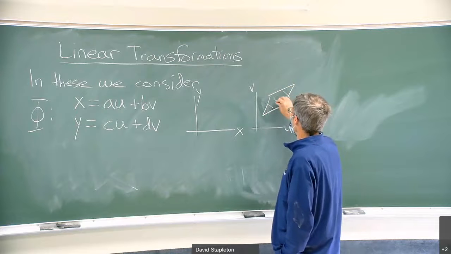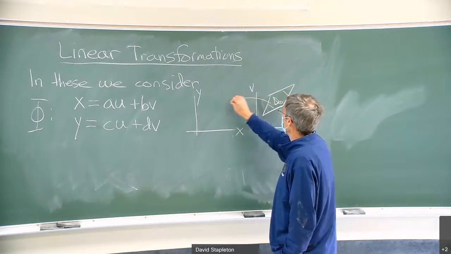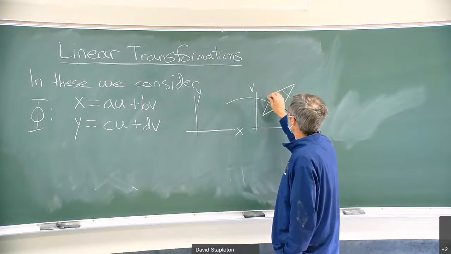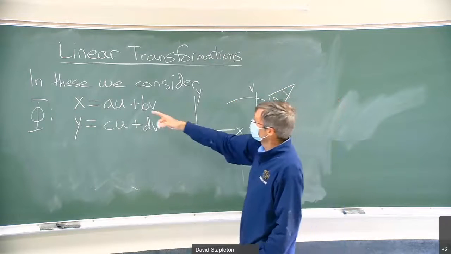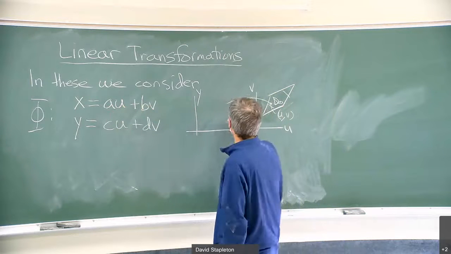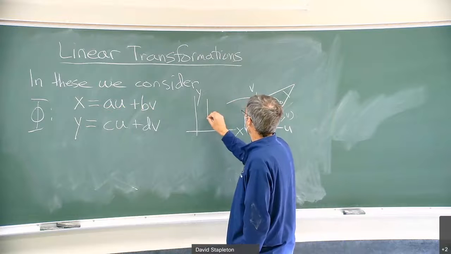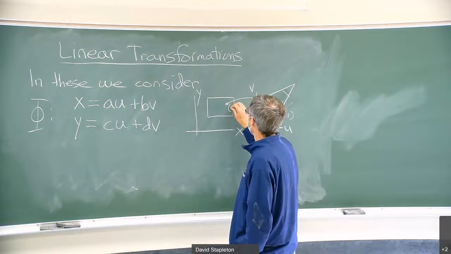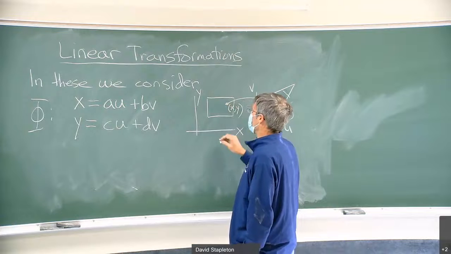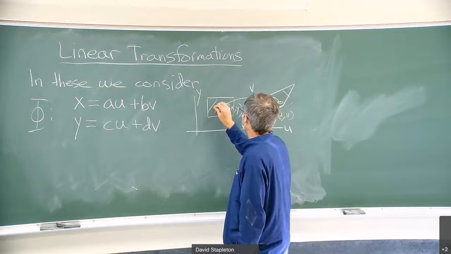Some region in the UV plane, D0. Each point in here, u, v, if you put it in, gives you a corresponding coordinate in XY space, in some region D.